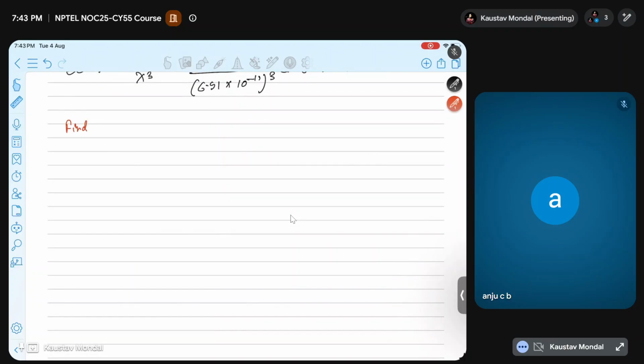Find the translational partition function of argon gas at 300 Kelvin in a 500 cc container.